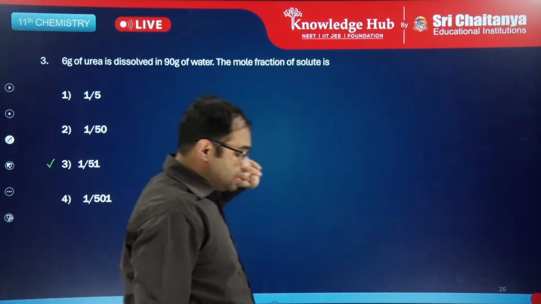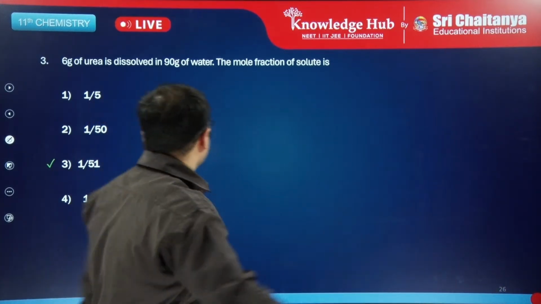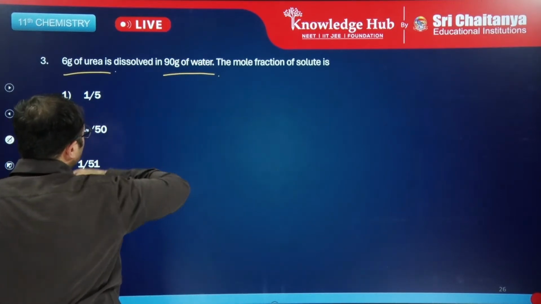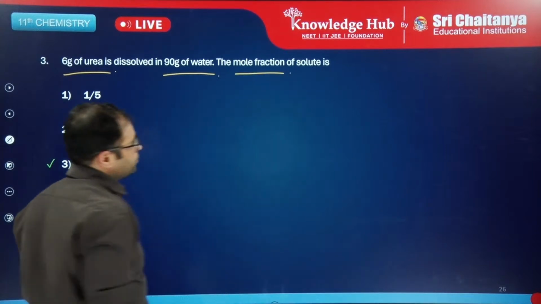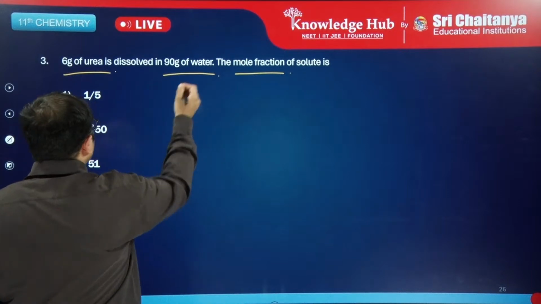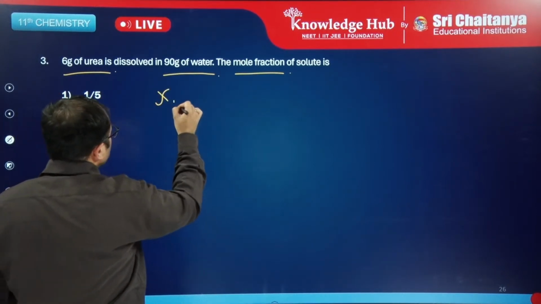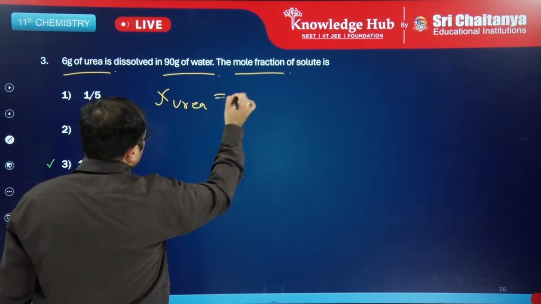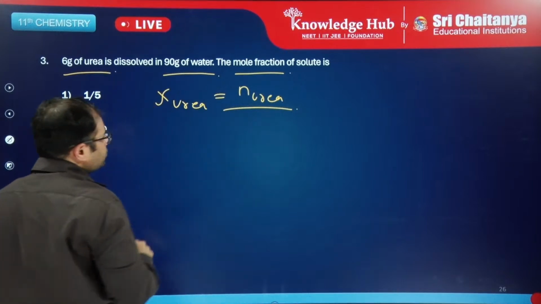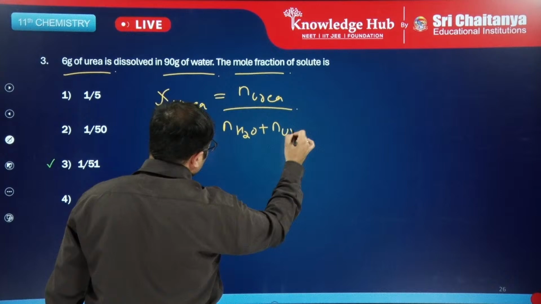Okay. So, 6, again a urea based question, 6 grams of urea is dissolved in 90 grams of water. You have to find the mole fraction. What do I mean by mole fraction? See, mole fraction of solute, where solute is urea, is moles of urea divided by moles of H2O plus moles of urea.